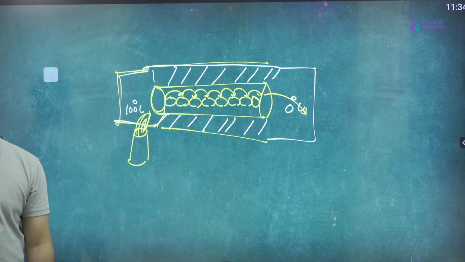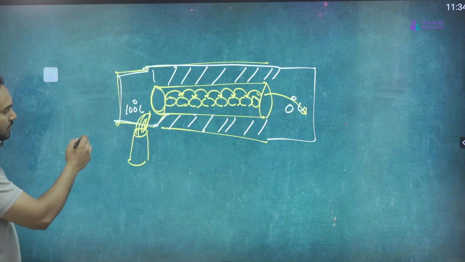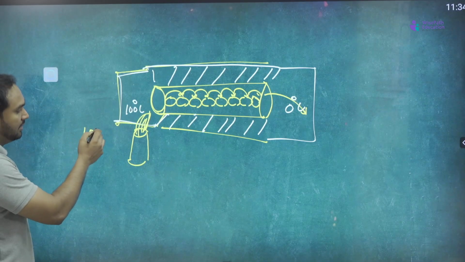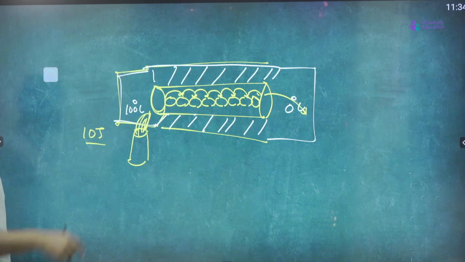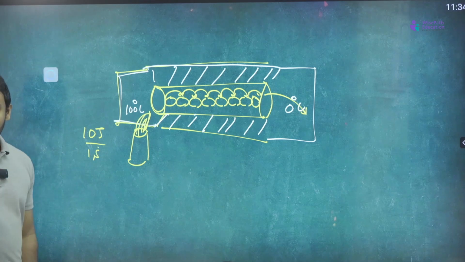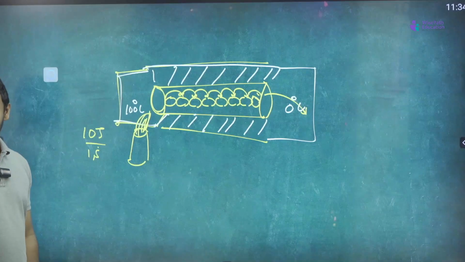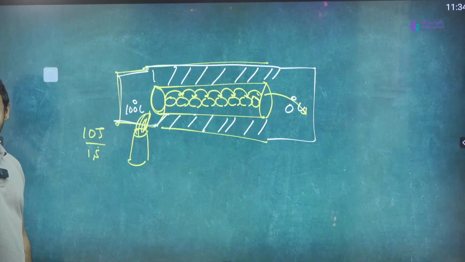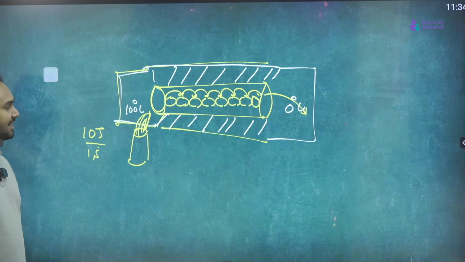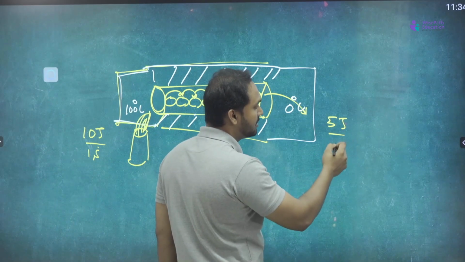Let's say at the beginning 10 joules are entering. Yes, but I have to explain because I am the teacher. So 10 joules are entering per second, isn't it? And the amount that exits is 5 joules per second maybe.